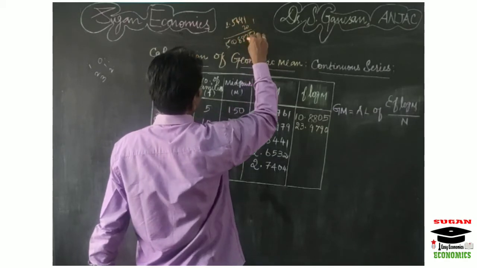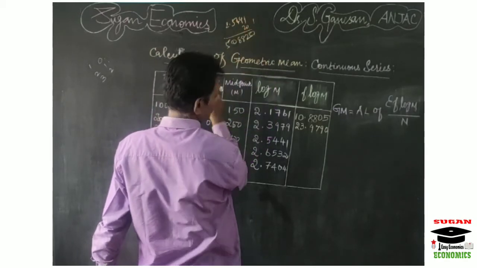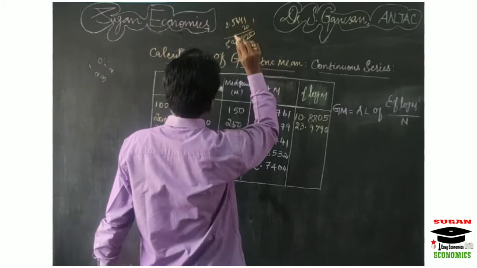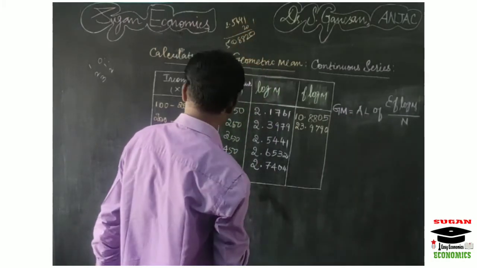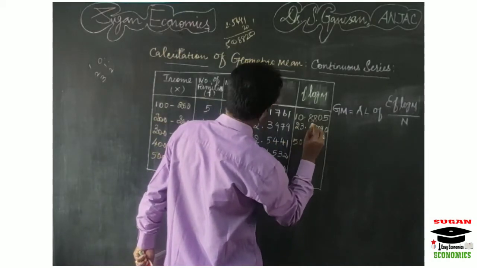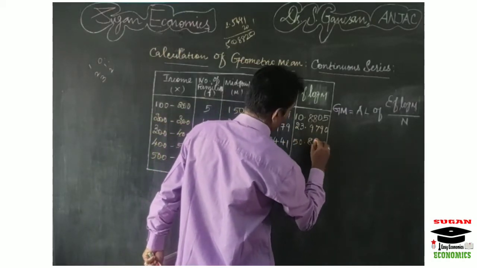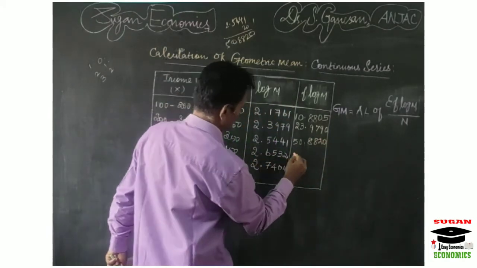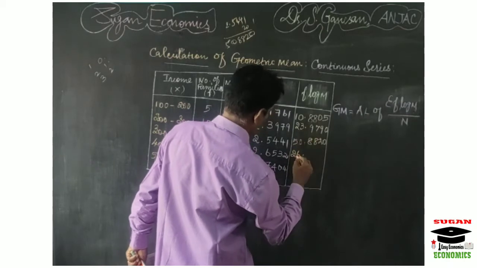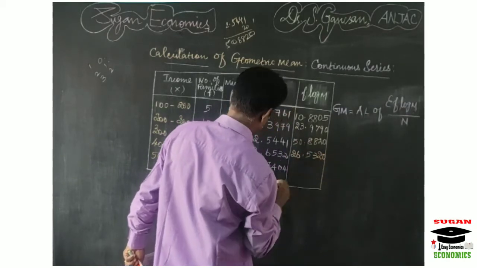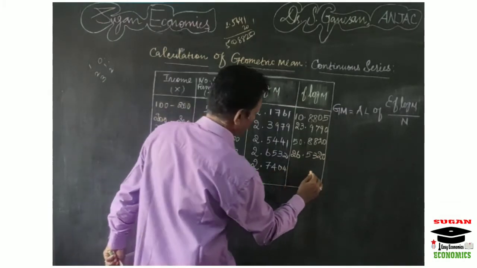So here 50.8820. Then here 26.5320. So here 5.